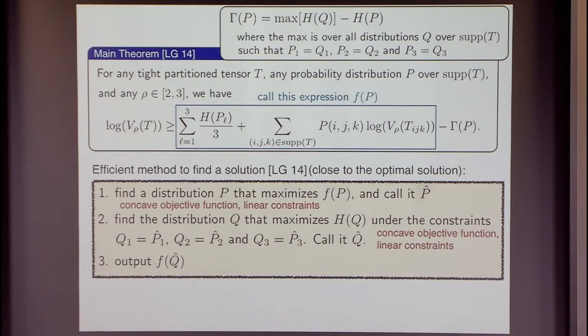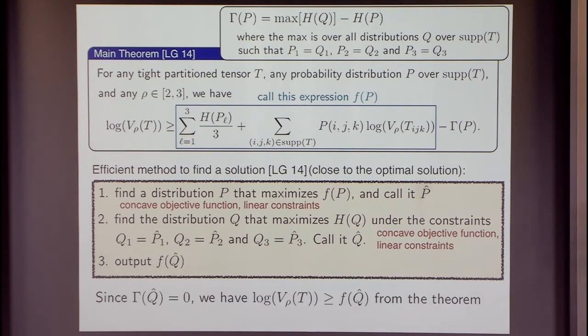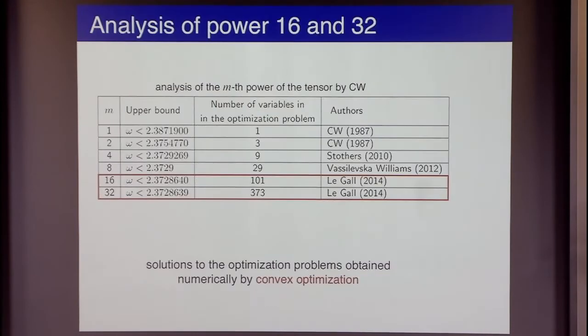It's a simplex rather than a cube, basically. I see. Okay. What's a linear constraint? It's important. And this gives you an upper bound, and numerically it seems to be very close to the optimal solution, and we obtain these bounds, and we can use convex optimization for that.